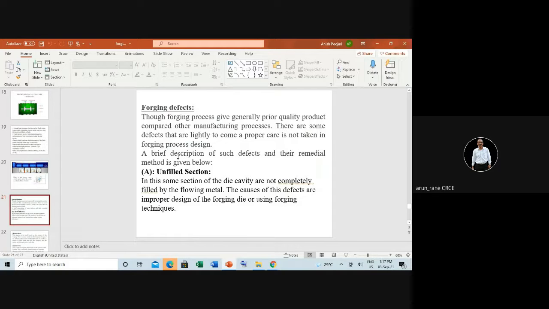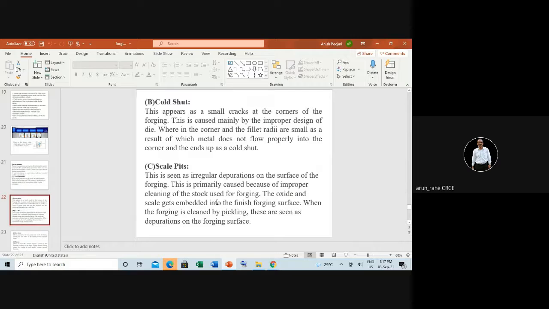Like casting defects, you also get forging defects, like unfilled section, that is the section is not filled thoroughly. Cold shuts, that is small cracks at the corners of the forging. This cold shut and the casting cold shut are totally different.